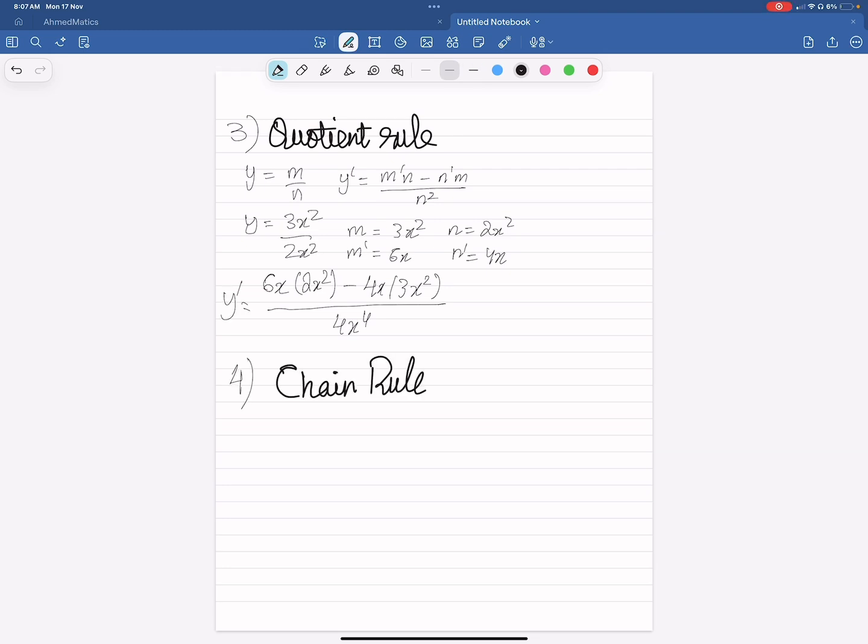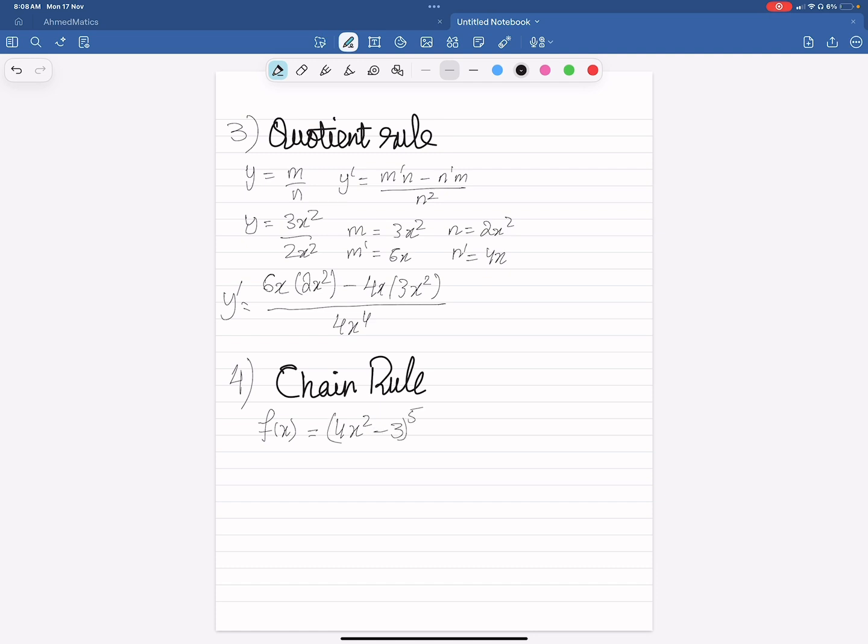So last up on the list we've got chain rule, and this rule is for functions that are inside other functions. We differentiate the outside, and the inside we keep the same, and then multiply by the derivative of the inside. We can understand it by doing an example. For example, f of x is equal to (4x squared minus 3) to the power 5.